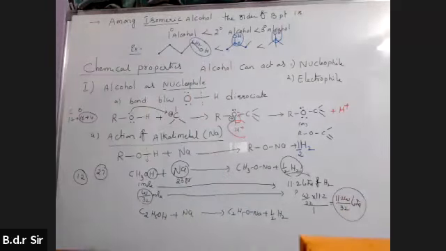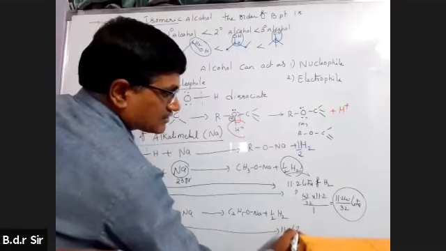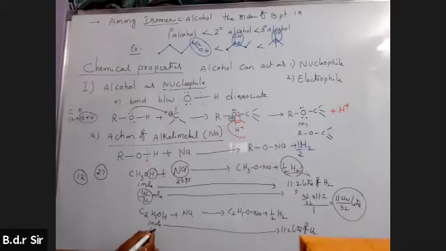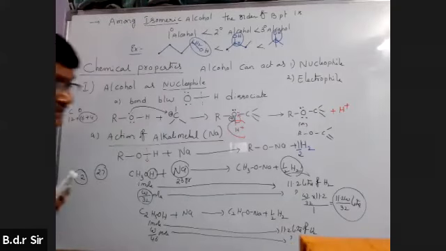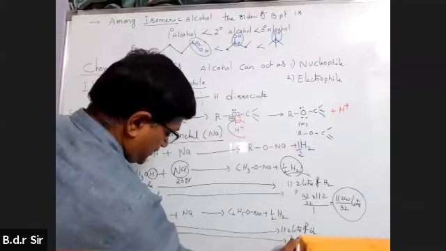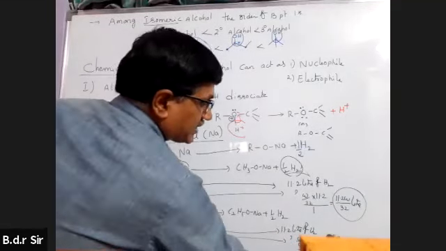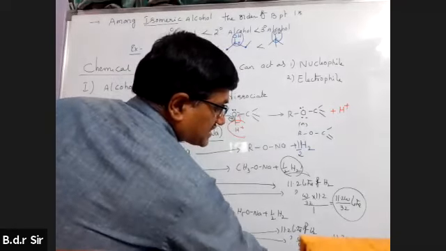In the case of ethanol, 1 mole also gives 11.2 liters of hydrogen. For equal weight W, ethanol molecular weight 46, W by 46 moles gives how much hydrogen? Cross multiplication: W by 46 into 11.2, equal to 11.2 W by 46.